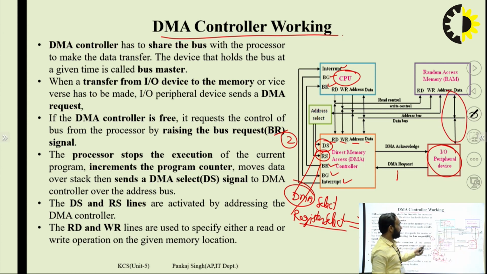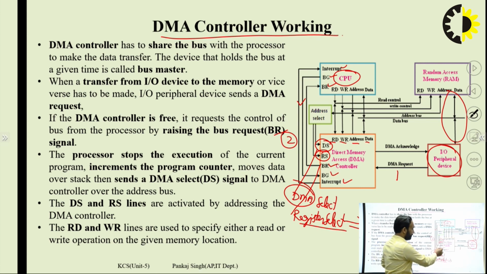This link will be accessed after a few operations. When the machine gets an interrupt, it will send a bus grant signal to the DMA controller, and it will disable the bus request signal. As we discussed in bus arbitration, the bus request signal will be disabled so that no other device will access the bus, because there is data sharing between memory and IO devices.